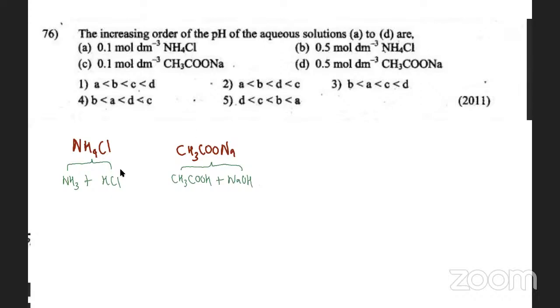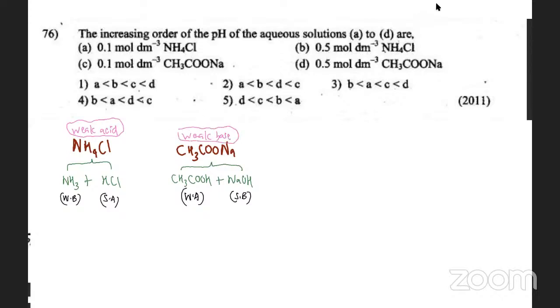Ammonia is a weak base whereas HCl is a strong acid. Acetic acid is a weak acid, sodium hydroxide is a strong base, which means ammonium chloride is a weak acid, and this is a weak base.